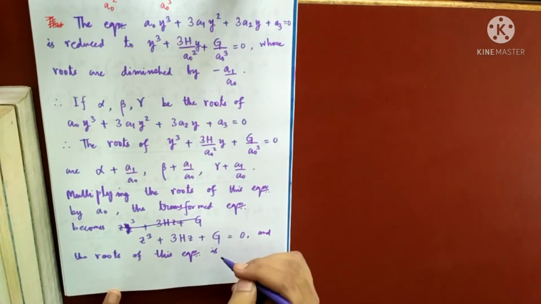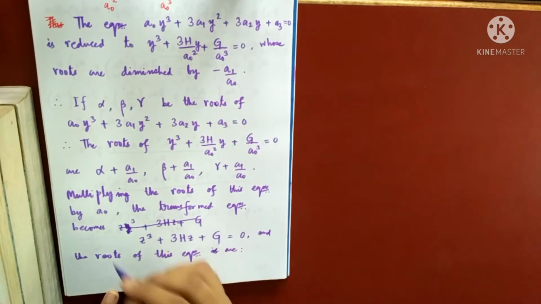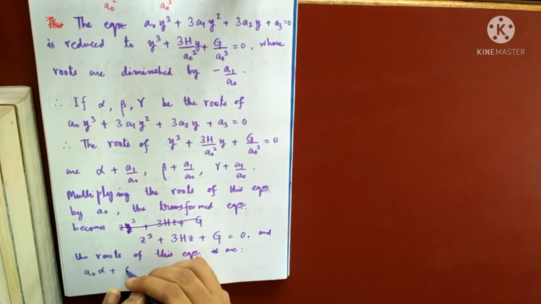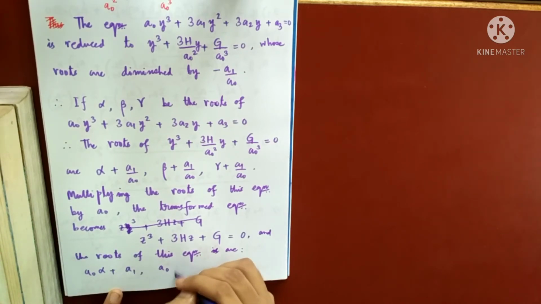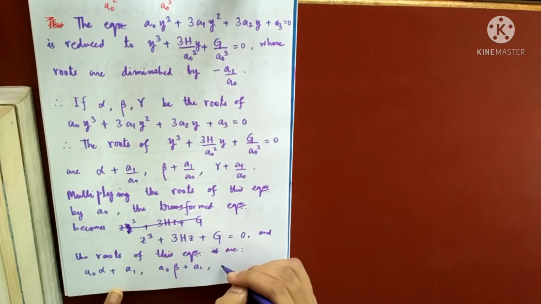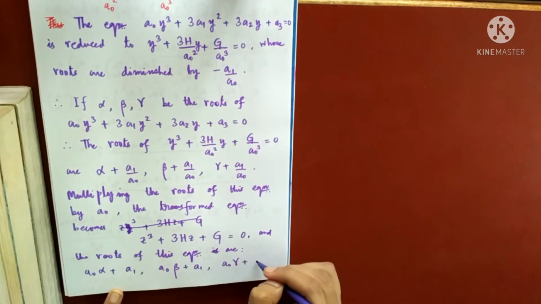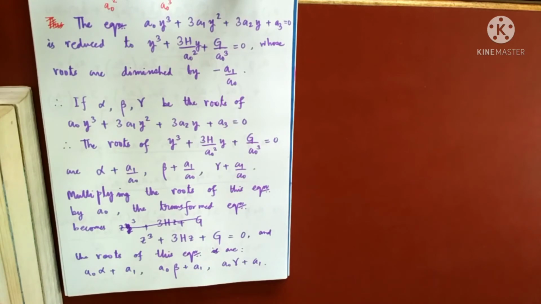So the roots of this equation are a naught alpha plus a1, a naught beta plus a1, and a naught gamma plus a1. So the final thing is, any cubic equation with binomial coefficients can be reduced to this form. And this form will be called the standard form of a cubic.